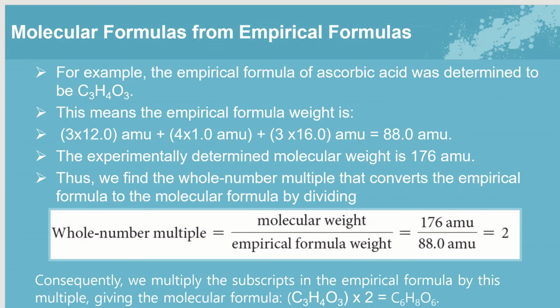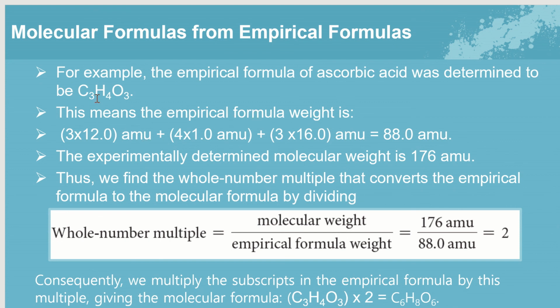So, for example, the empirical formula for ascorbic acid was determined to be C3H4O3, as we calculated. This means that we can calculate the empirical formula weight.